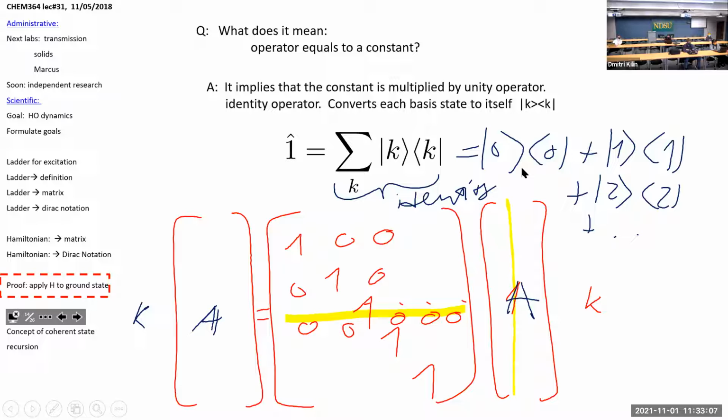Make sense? So the next expression means that if this operator meets the system in the first state, it will convert it back into the first state. So it will correspond to the next one on the main diagonal. And we replace writing a bigger matrix with just shorthand notation.